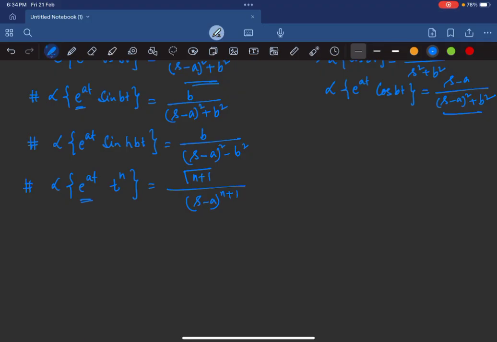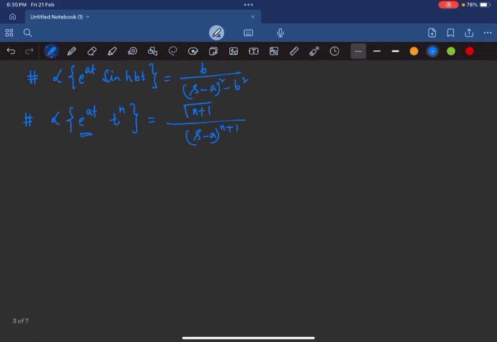Now we can move to the next property of Laplace transform. So here you can see next one, it is next property, that is Laplace transform of derivatives.